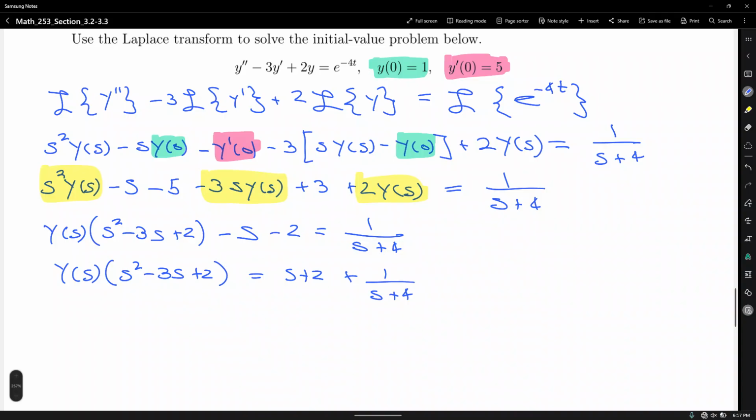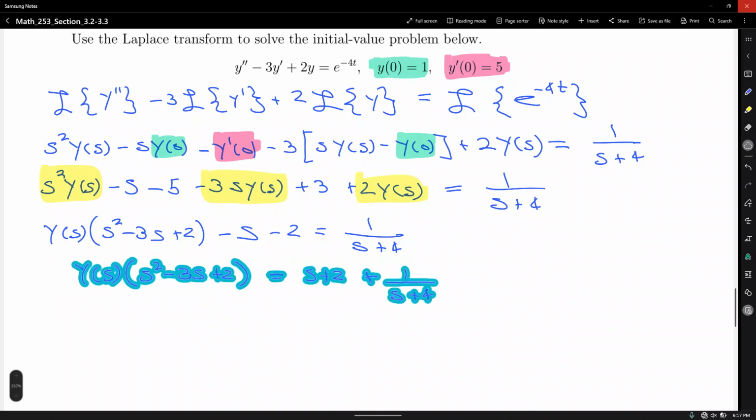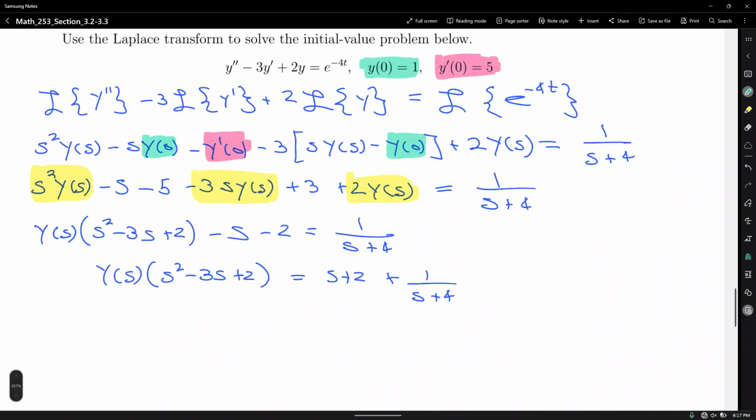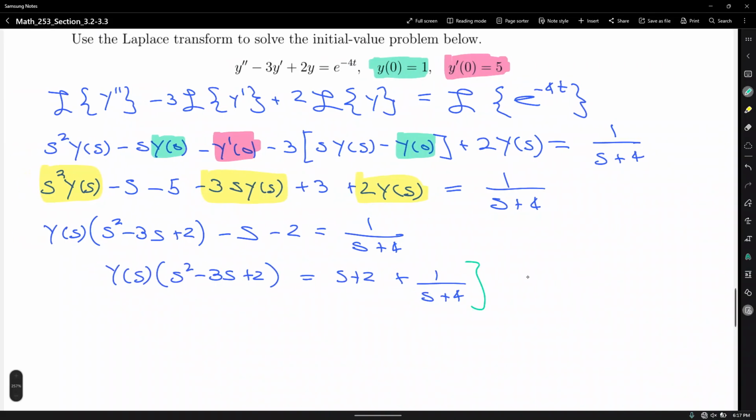Rather than dividing both sides, I'm going to multiply both sides by the reciprocal of this polynomial in s. So that is 1 over s squared minus 3s plus 2, okay?